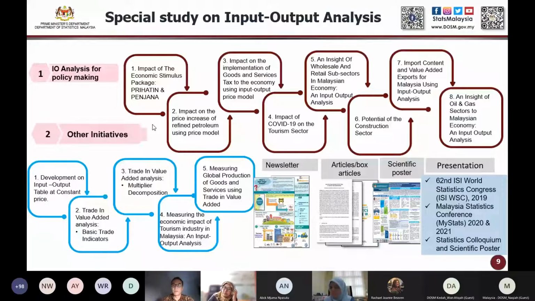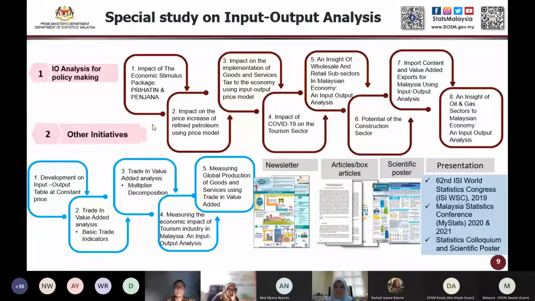DOSM also does analysis on the impact of a price increase of refined petroleum using the price model. This analysis is input to the government to plan strategies addressing the impact of rising petrol prices that will cause inflation. We have many analyses to provide input for the government's policy making.